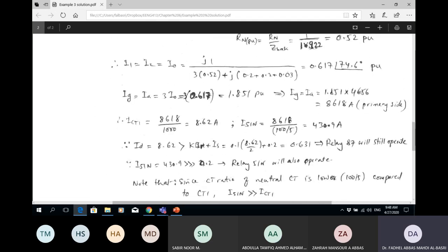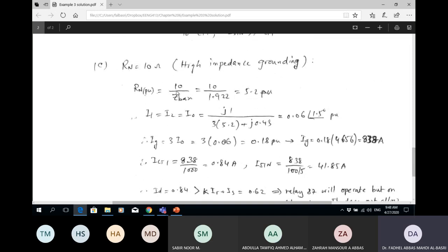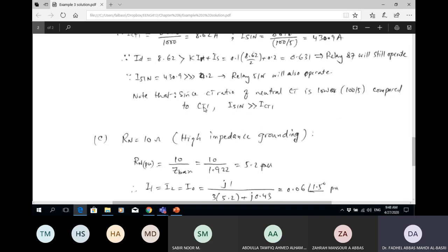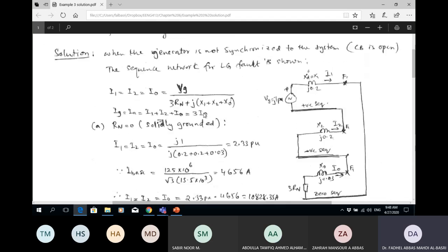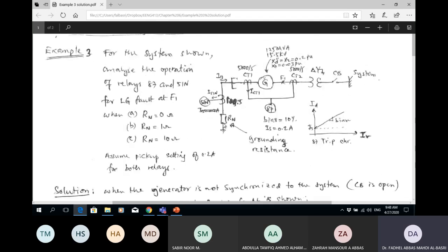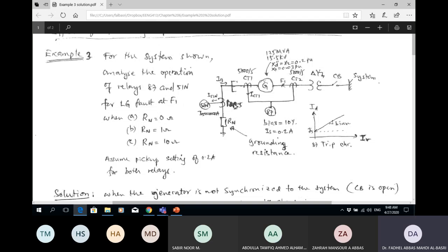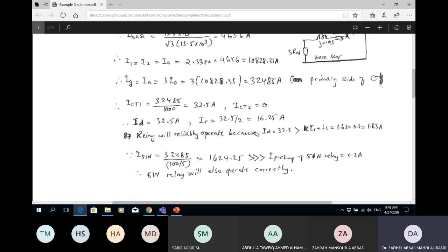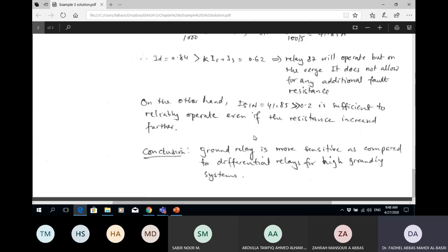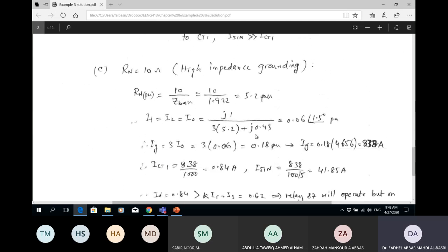So 10 ohm over Z base, the Z base already evaluated as V base squared, which is 15.5 squared divided by S base, which is 125 in this case. So I got 1.92, so that's converted to a per unit value.